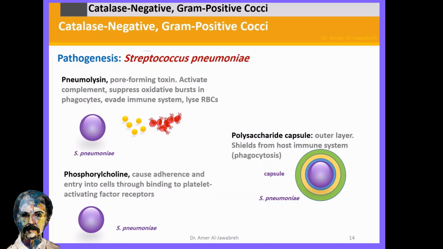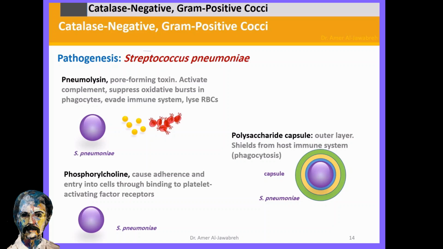Phosphorylcholine helps adherence to tissue and entry into the cell. It facilitates entry of the bacteria inside the cell through binding to platelet-activating factor receptors. So they use the receptors that are normal to platelets, and then use these receptors to get access inside the cell, and then make the damage, destroy the cell.